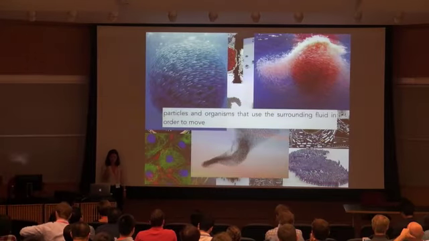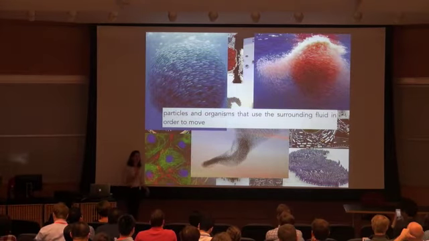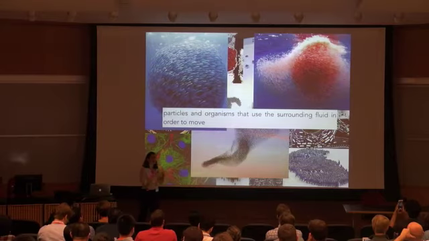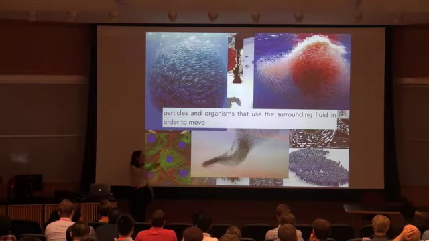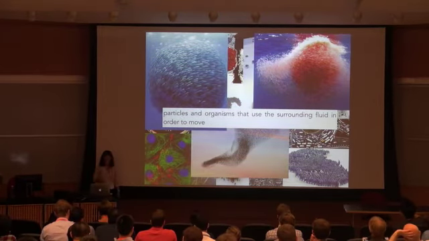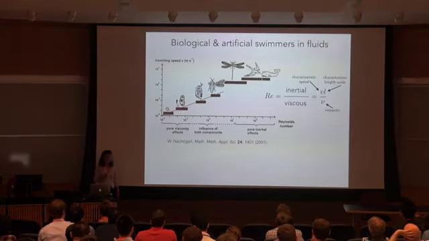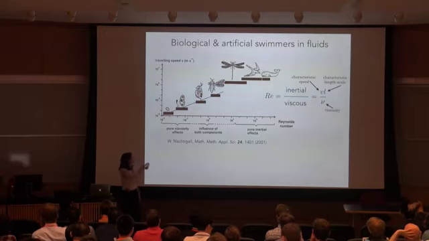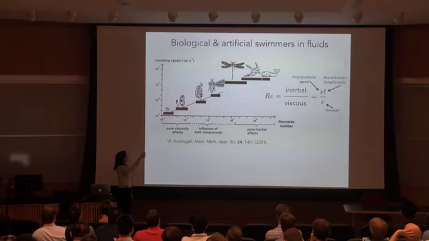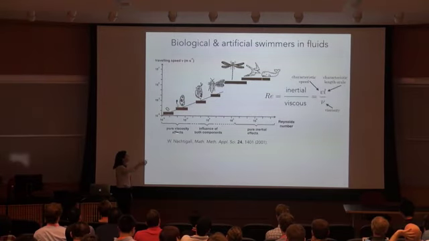But I would like to focus on systems where the active particles use the surrounding fluid in order to move. These are three examples: krill, fish, and birds. If we focus on these systems, we can plot the velocity of the organism as a function of the Reynolds number.